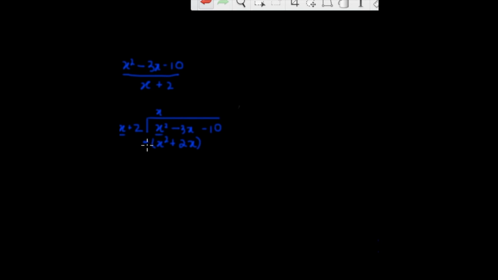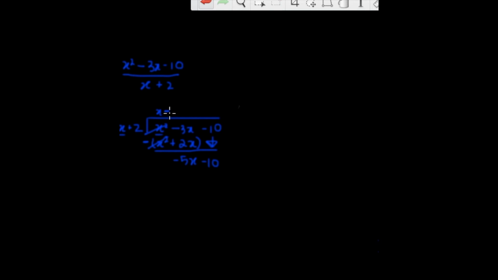Now you distribute the negative to both the terms inside, which means that the x squared would cancel out, and that would become negative 2x, and negative 3x plus negative 2x would give you negative 5x. And then you bring down the negative 10, and then you find a way to get negative 5x minus 10 by multiplying a number with x plus 2. Because the first term is multiplied by negative 5, we'll try negative 5.